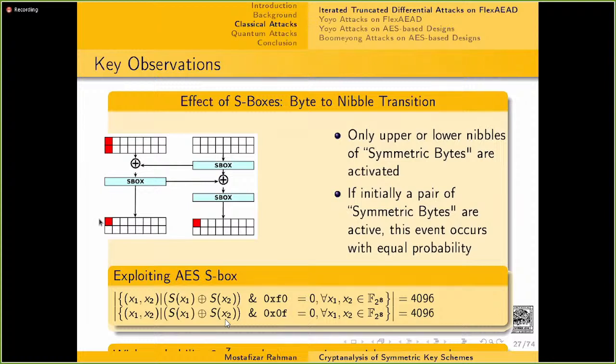How does this probability come about? The number of pairs that differ only in the upper nibble or lower nibble is 4096 out of 2 to the 16, and that is how the probability comes out as 2 to the minus 4.